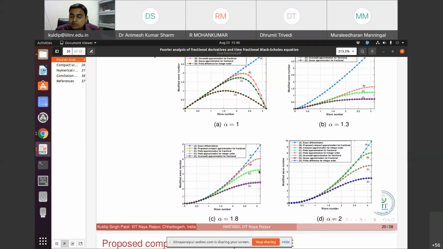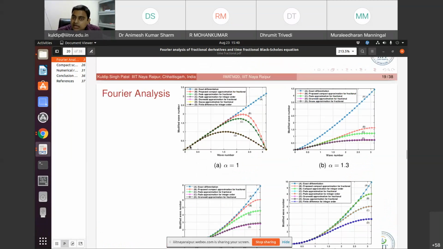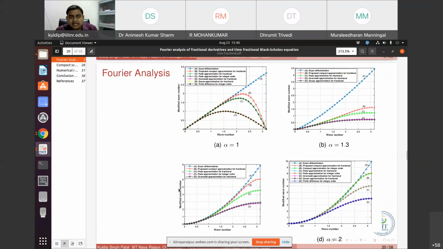So the conclusion is that the modified wave number obtained from this splitting compact scheme is far better than the finite difference and even than some other fourth order accurate approximations. There are fourth order accurate approximations, but this splitting one is even more accurate in terms of this Fourier analysis.